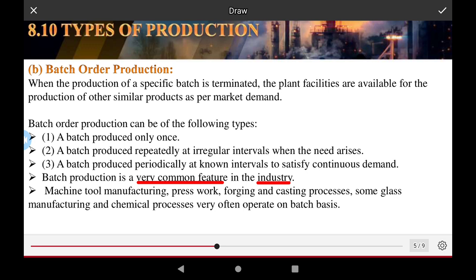Machine tool manufacturing, press work, forging and casting processes, some glass manufacturing, and chemical processes operate on a batch basis. This all consists of the production and application of the equipment in this operation, and the batch order production system applies.